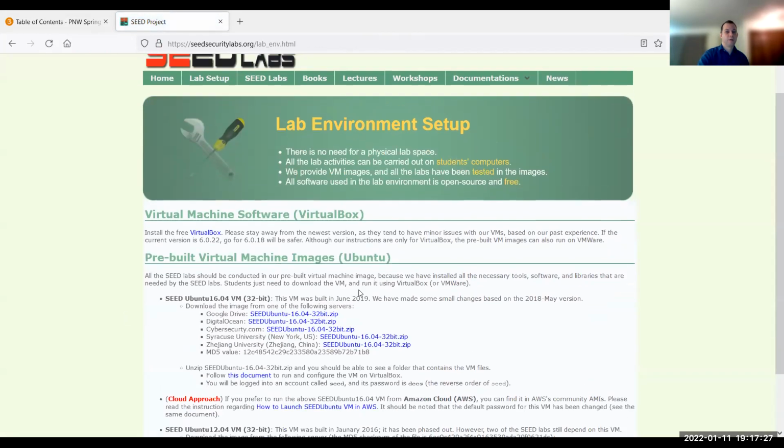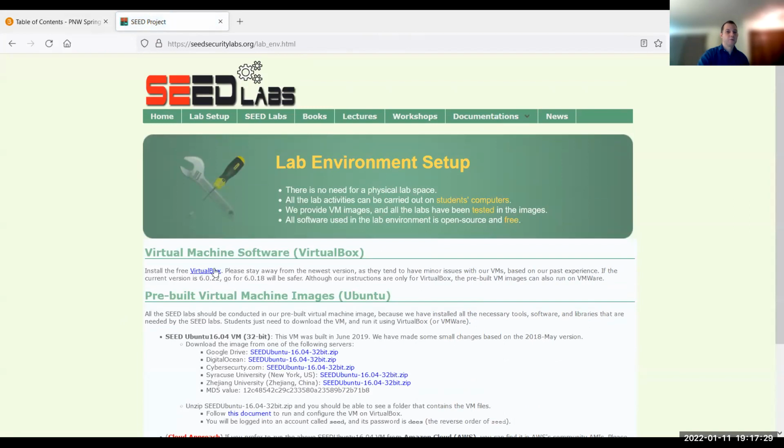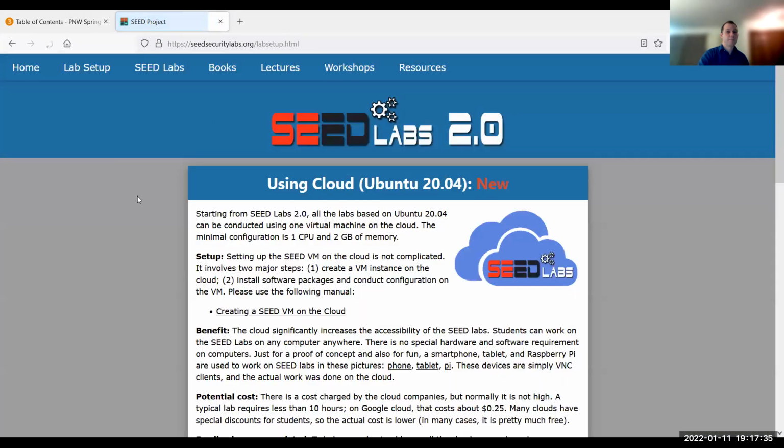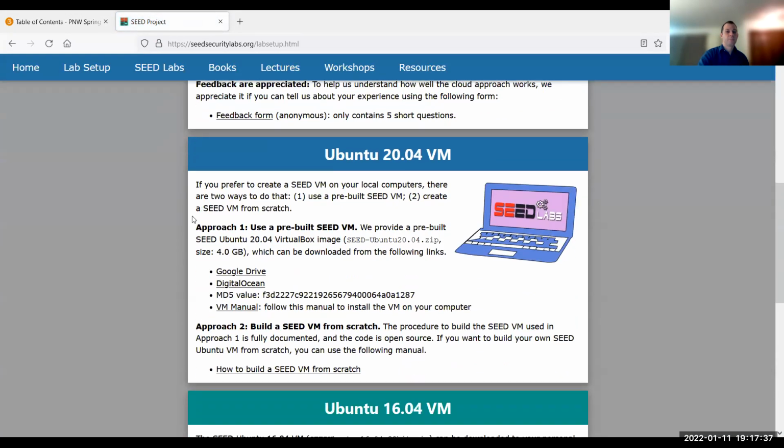You go here, and then you can install VirtualBox. You should download from Lab Setup, and then you can pick Ubuntu 2004. From one of these links, download it. It should download like a zip file.